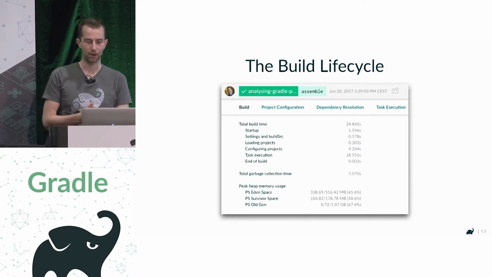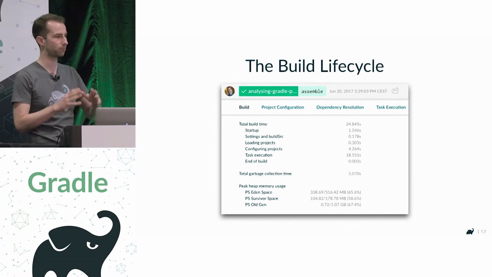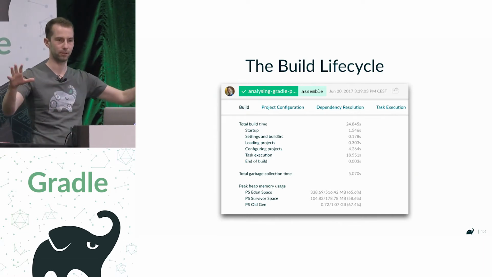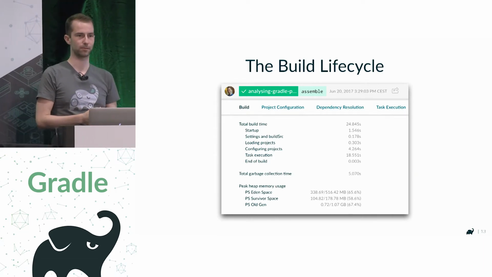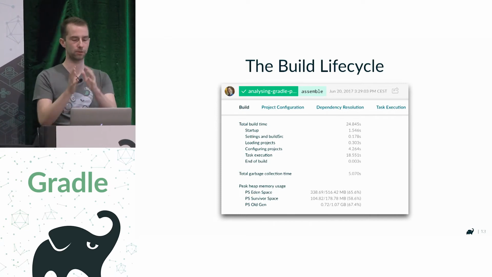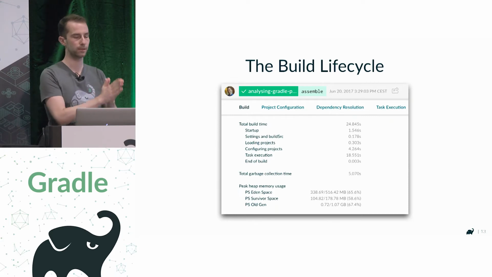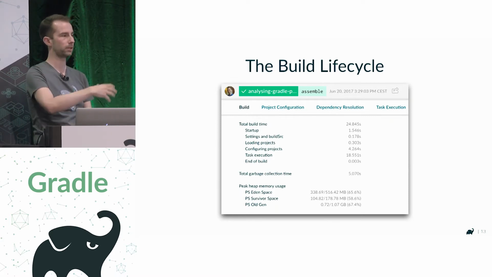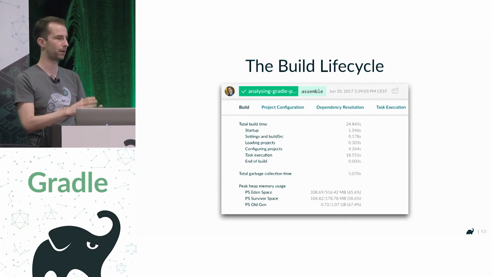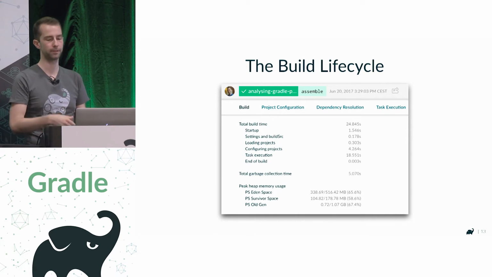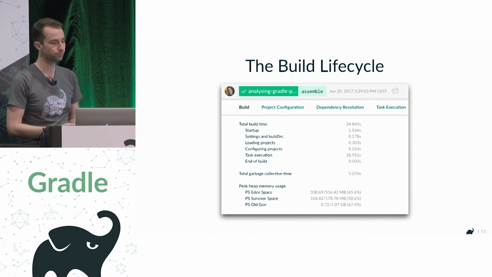Okay, so how do you figure out where the problem is? For that, we should first talk about what are the lifecycle phases of Gradle so that you can focus on individual chunks of your build. Gradle's lifecycle is broken down into a few phases. Startup, which is we're starting up the Gradle client, might be the tooling API, might be a command line client. We connect to the Gradle daemon.